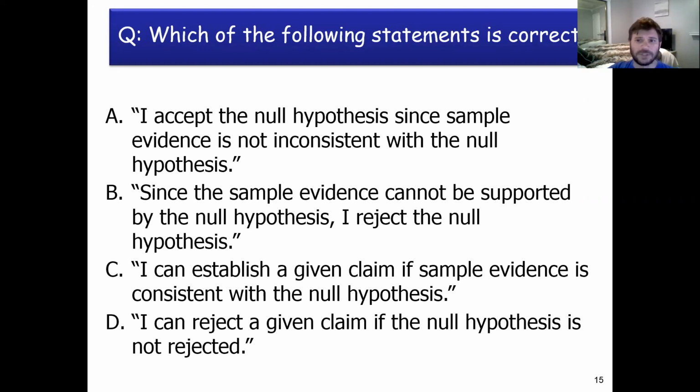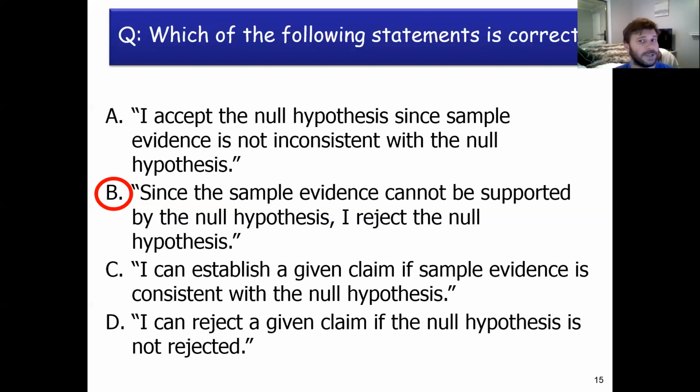The best answer here is choice B. Since the sample evidence cannot be supported by the null hypothesis, I reject the null hypothesis. Okay. Note D, I can reject a given claim if the null hypothesis is not rejected. That is incorrect. C, I can establish a given claim if the sample evidence is consistent with the null hypothesis.